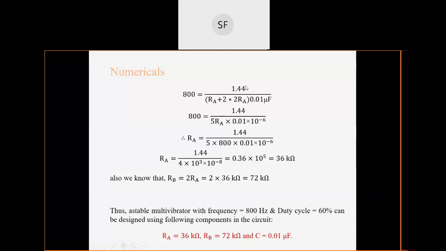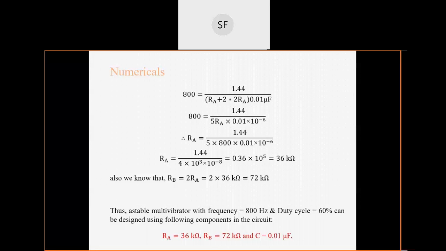Then again 1.44 in the denominator. Now we have replaced RB by 2RA, the relation you got in the earlier case. So 2RA multiplied by 2, which was already there, will be 4RA. 4RA plus RA will be 5RA.